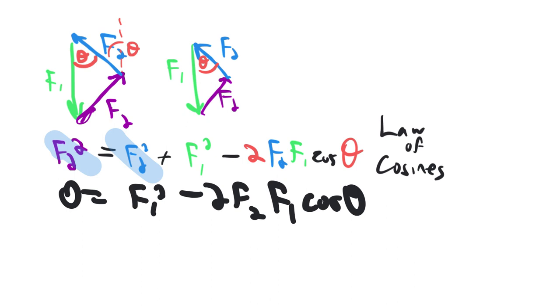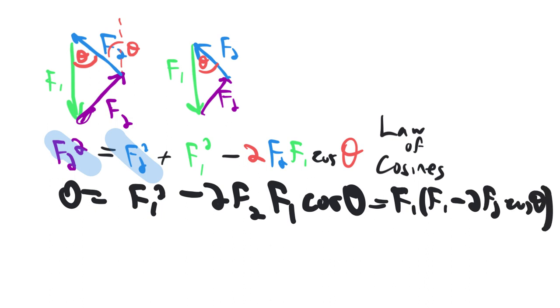And we can factor out F1, because we could just say this is F1 times F1 minus 2 F2 cosine theta. And since F1 can't be 0, we'll cancel that out, and the next line will be that 0 equals F1 minus 2 F2 cos theta.